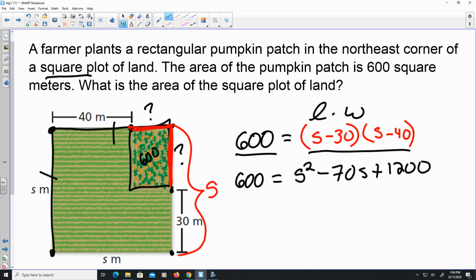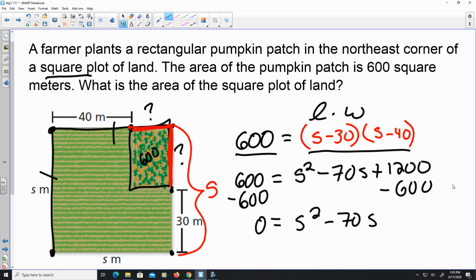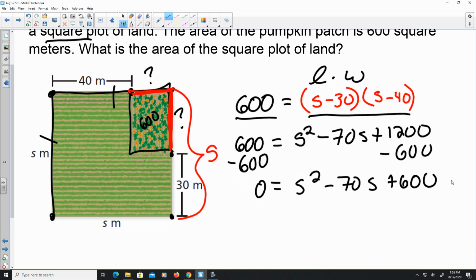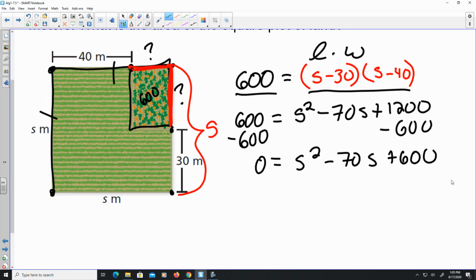Now I can set this equal to 0, so I subtract 600 from both sides. So now I have 0 equals S squared minus 70S plus 600. Now I can factor this.